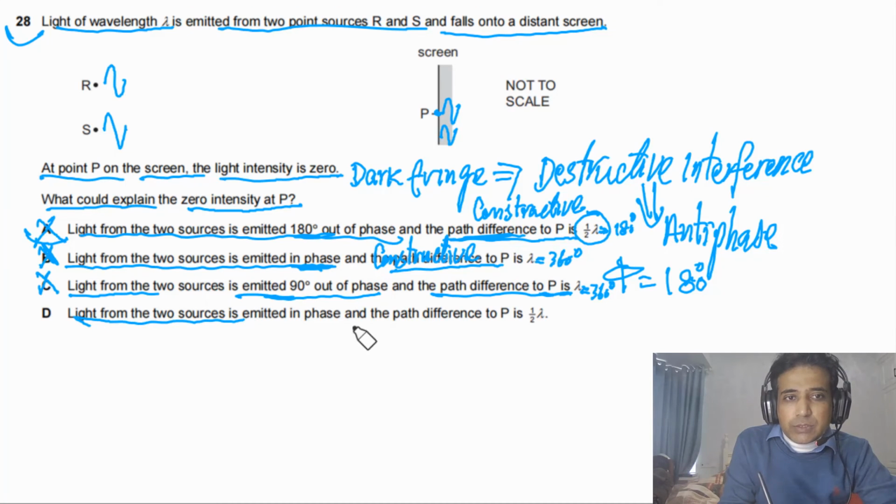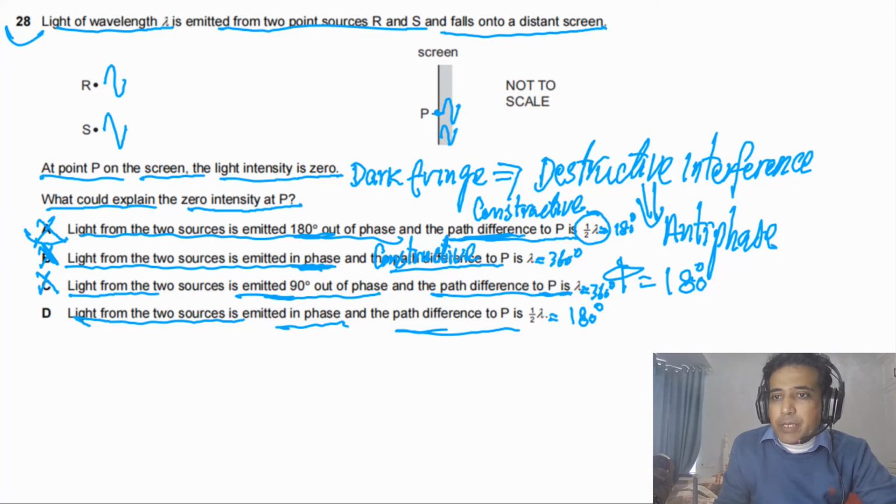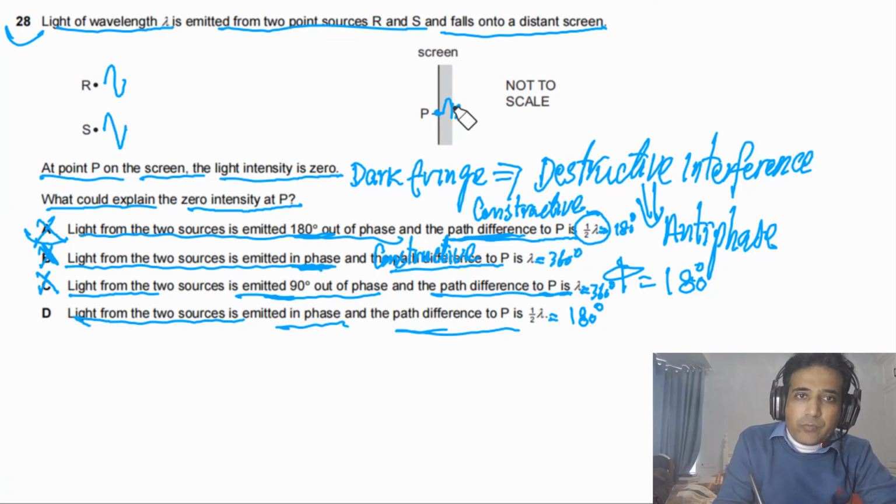Light from the two sources is emitted in phase, and path difference is equal to lambda by 2, which means the phase difference is 180 degrees. So here they are in phase, and at this point when these waves reach, they are 180 degrees out of phase. So let me draw this bigger one.